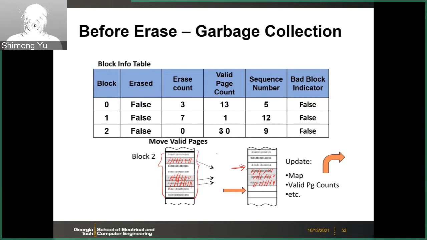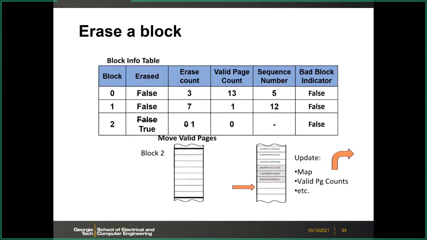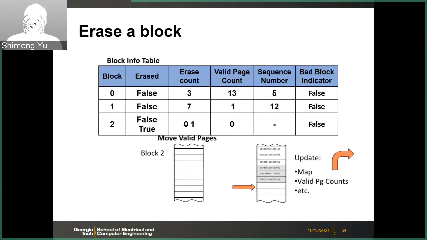After you erase, the whole block becomes all ones. So here you need to update: the valid page count 3 becomes 0. And after erase, the erase indicator or flag will become true.